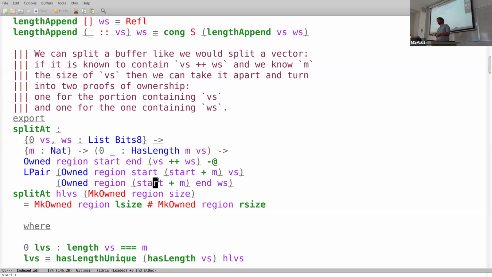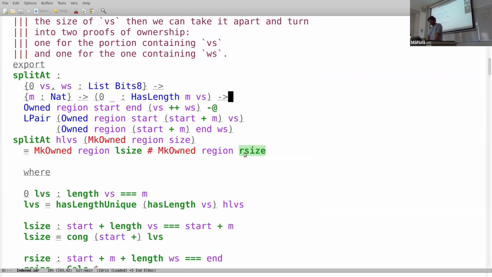But there's no way to talk about uniqueness in Idris, so the only way we can enforce it is by having linear resources that we are very carefully not duplicating. And we are only providing combinators that respect this invariant that the ownership proofs are unique, non-overlapping, essentially.